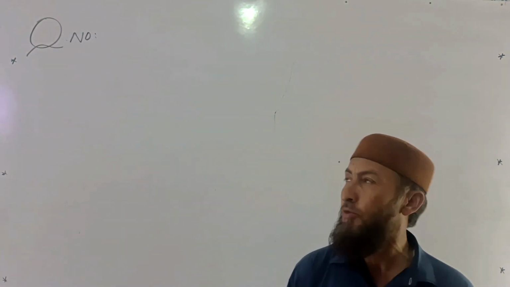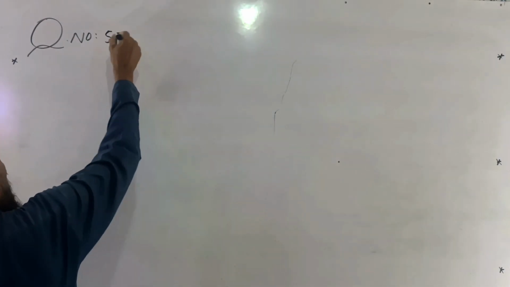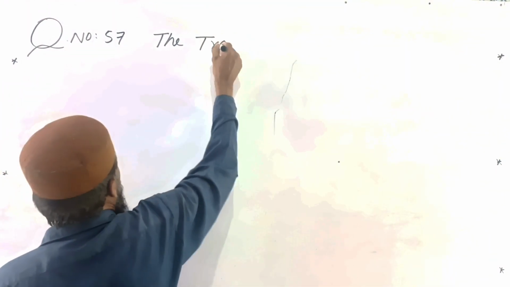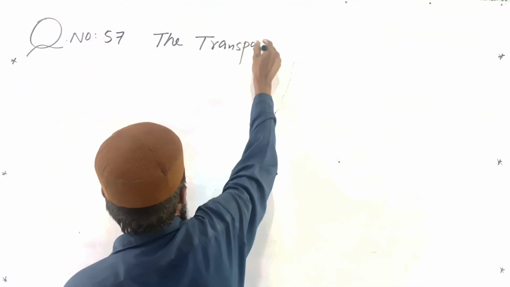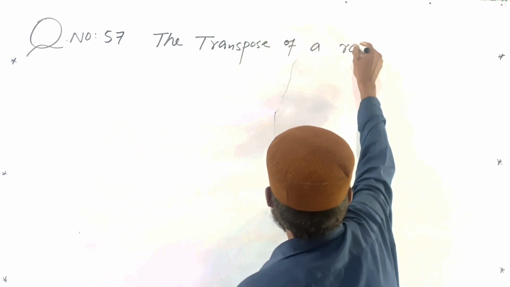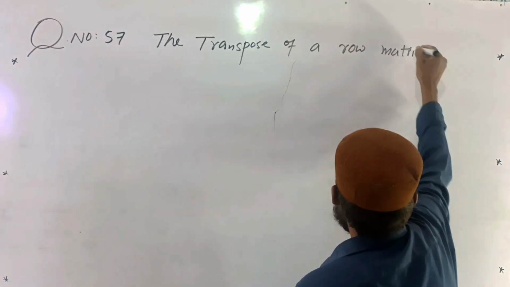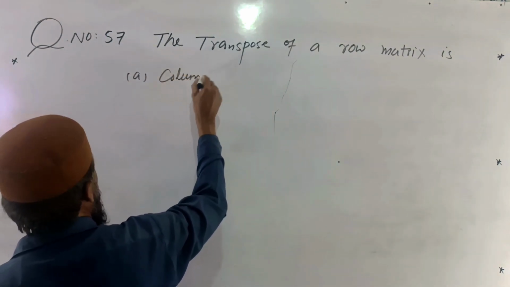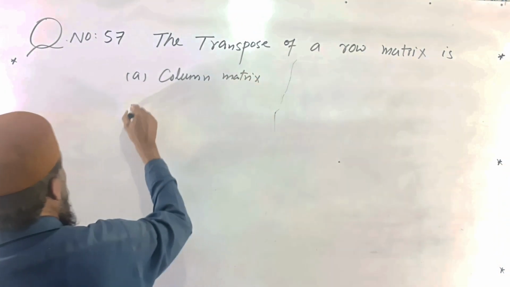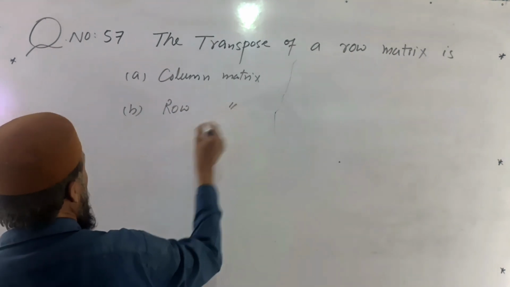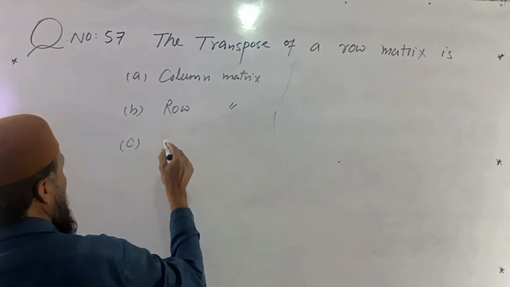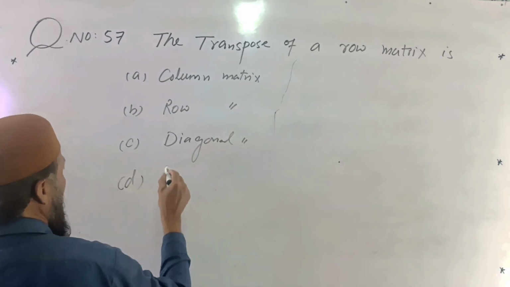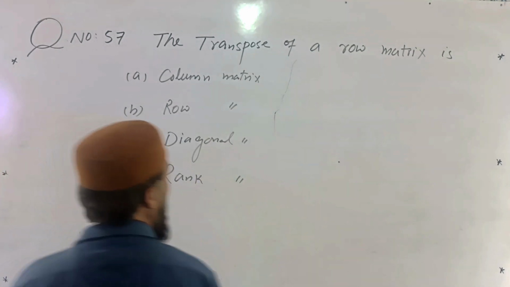Today we are going to learn about the MCQs. The transpose of a row matrix is: A, column matrix; B, row matrix; C, diagonal matrix; and D, rank of a matrix.